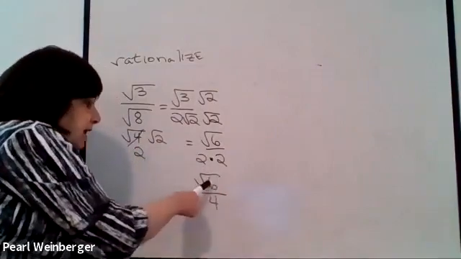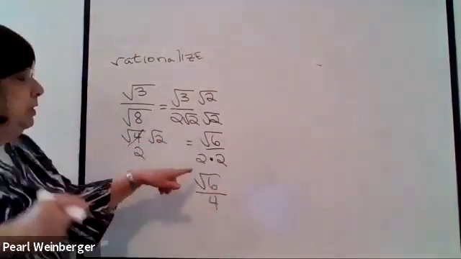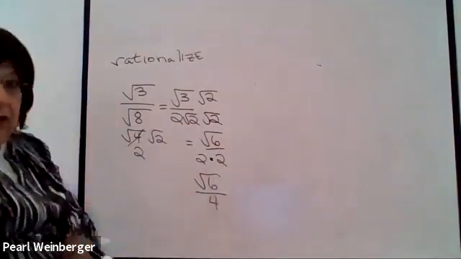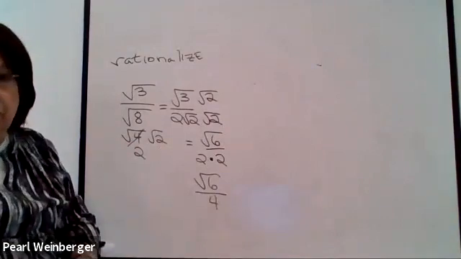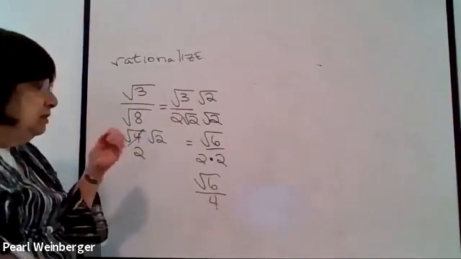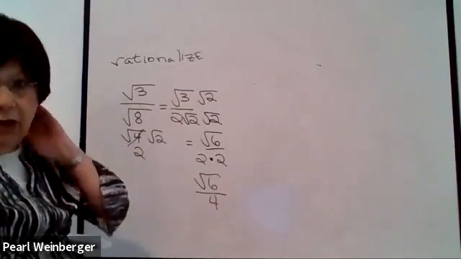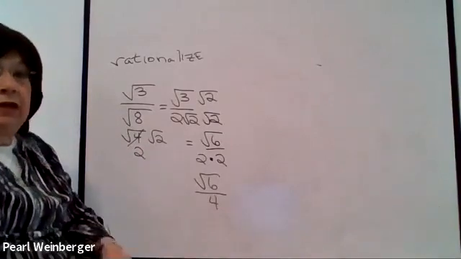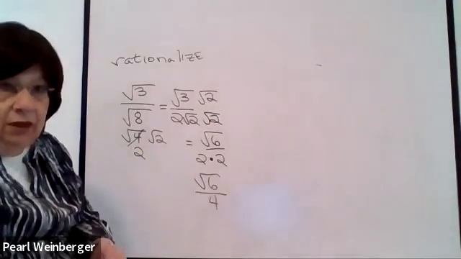Now, notice I can't go any further, even though these look like they should be able to be reduced, because the 6 is inside a radical and the 4 is out. So that's my answer in simplest form, radical 6 over 4. Is it simpler? It doesn't matter if you think it's simpler, it's what they want. It's what is required when the term simplification is given.